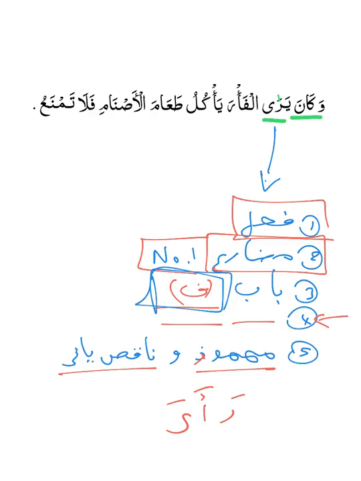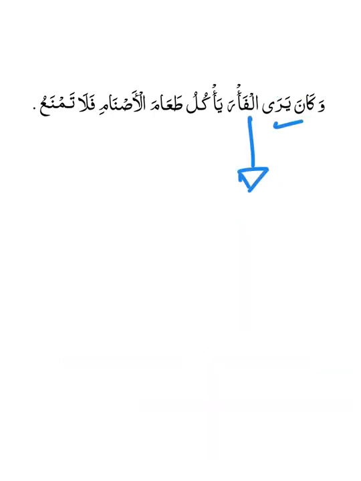So in the root letters you've got a hamza, so it's mahmuz. And also it's naqis, because in the lam, if you have a waw or a ya, it's naqis. If it's a ya, you call it naqis ya'i. So we've identified kana, we've identified yara.